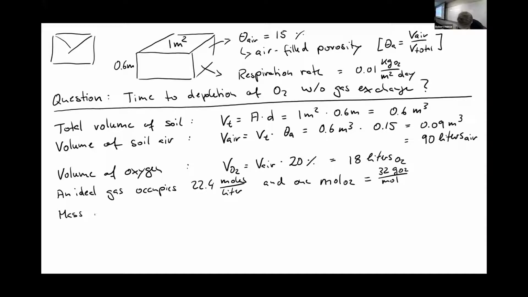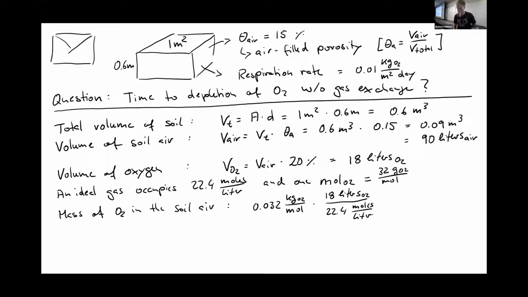So the mass of O2 in the soil air is, converting the grams of O2 to kilograms, 0.032 kilograms of O2 per mole times the 18 liters we had of O2 divided by the 22.4 liters per mole. So mole and mole cancel out, liter and liter cancel out. What we're left with is an answer in units of kilograms of oxygen.